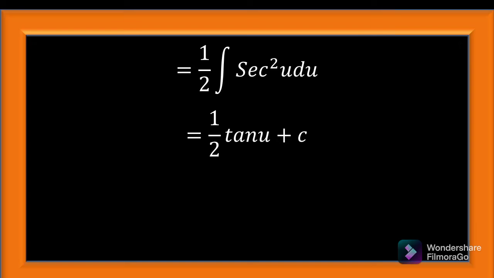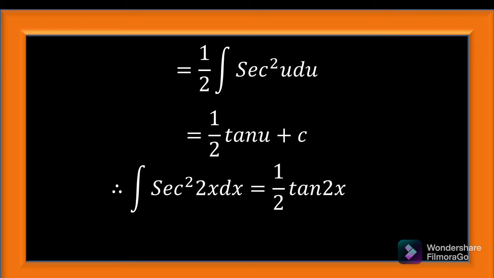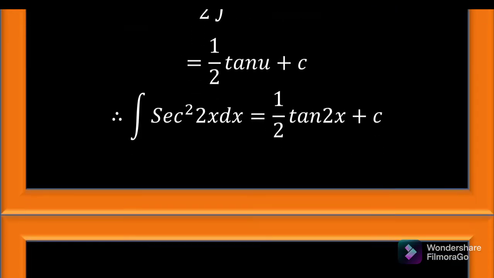So whenever you get challenges with these integrals, they are even captured within the mathematical tables. That is basing on the UNEB mathematical books or booklets that we always have. Okay, so we can conclude and say the integral of sec squared of 2x with respect to x is going to be a half tan of 2x plus a constant, and that becomes our answer. We can move on to the next one.